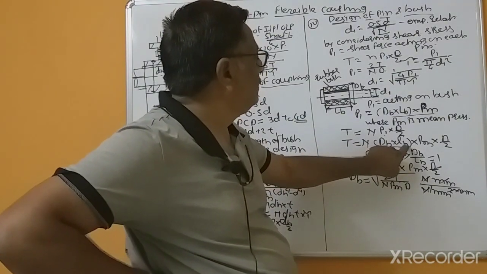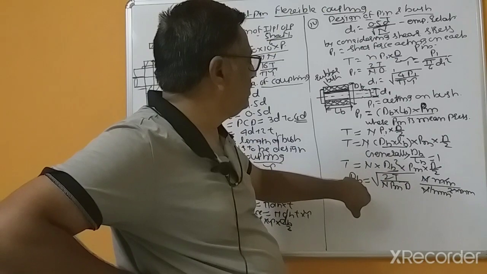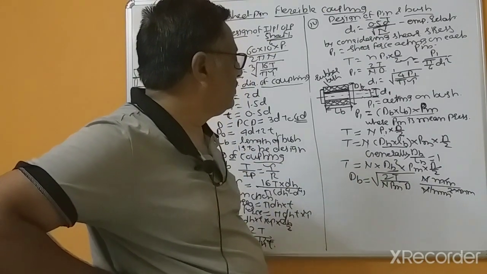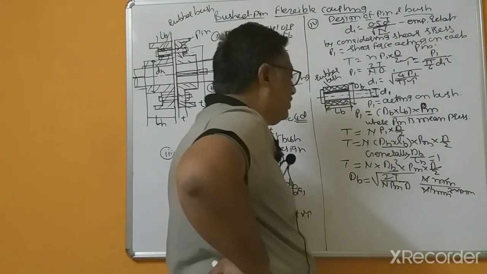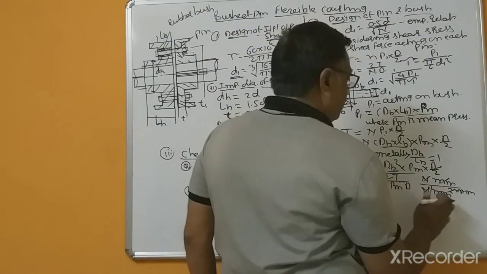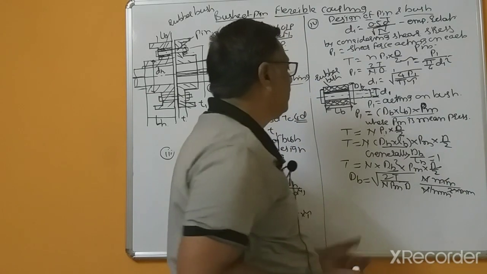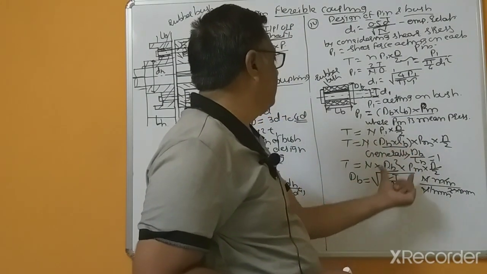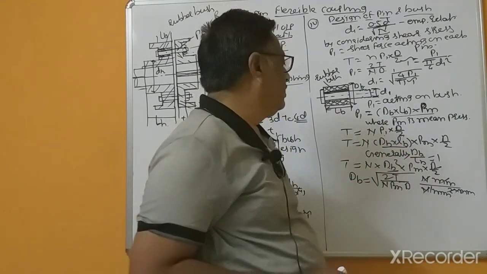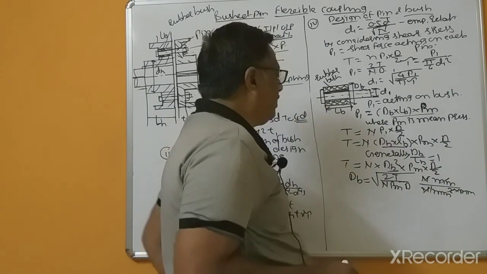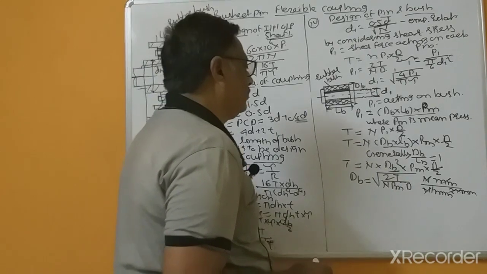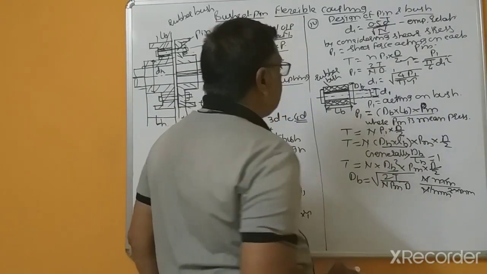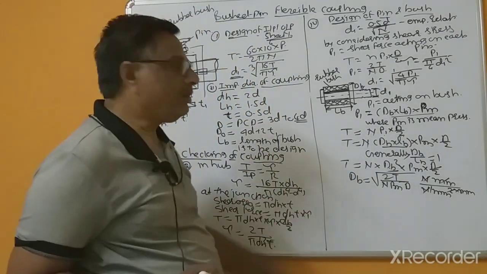Because this is the length of the bush and this is squared, you will get mm. Diameter of the bush is in mm, because we already considered the square, and this gets cancelled, and finally you will get mm. This is the diameter of the bush.